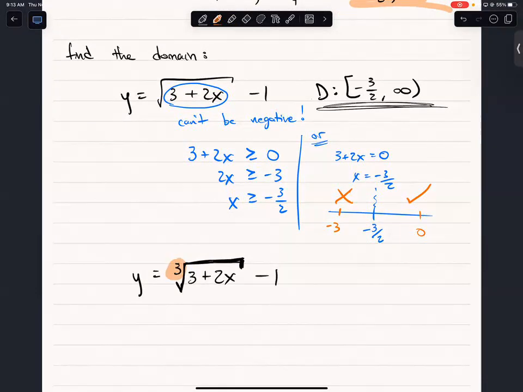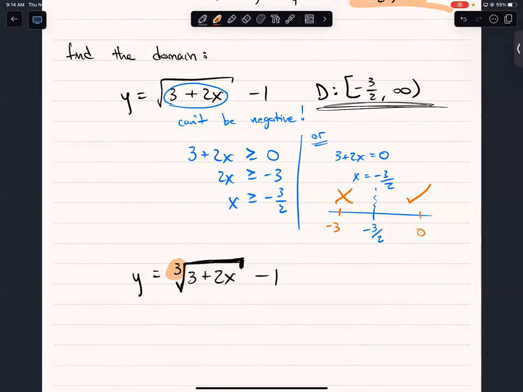For a cube root, the reason that a square root does what it does is because it's a square root, and that's how square roots work. Cube roots work differently, right? You can take the cube root of a positive number and you get a positive number. You can take the cube root of a negative number, you just get a negative number, right?